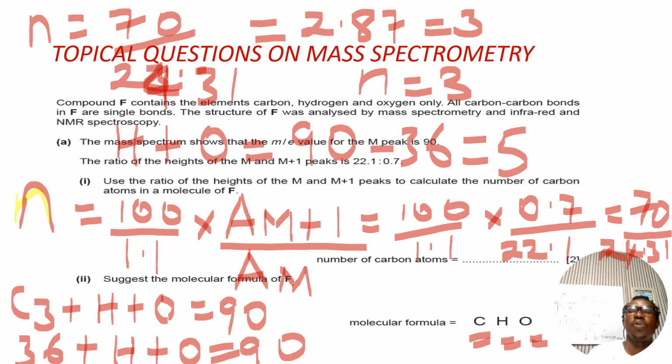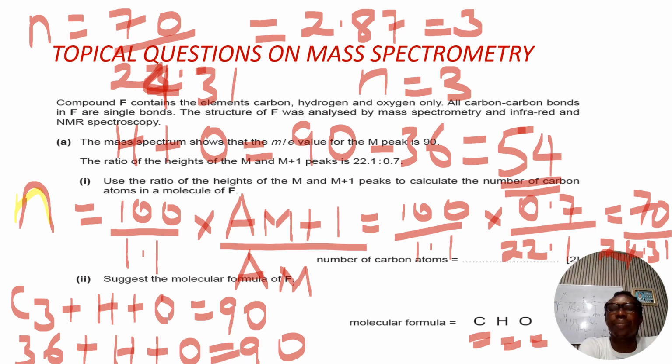So for hydrogen and oxygen, the total mass is 54. So we are to share 54 between oxygen and hydrogen. Hydrogen has a relative atomic mass of 1, while oxygen has a relative atomic mass of 16.